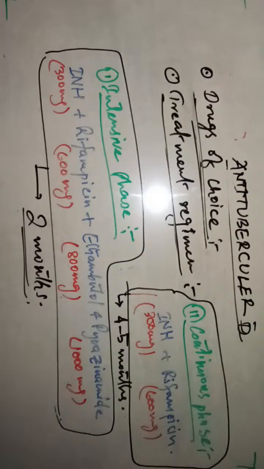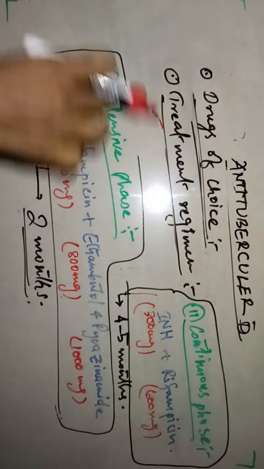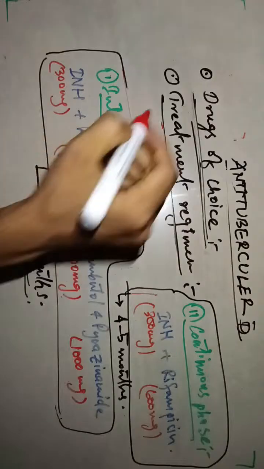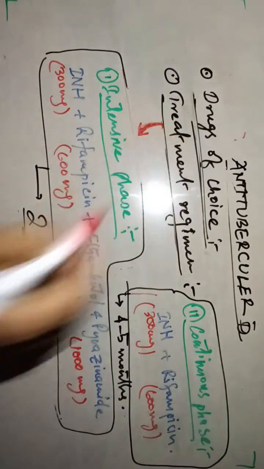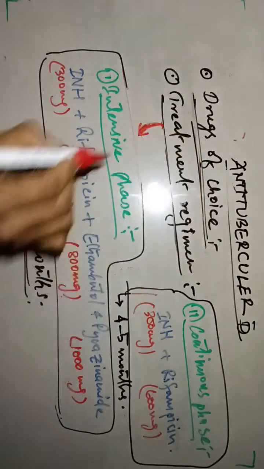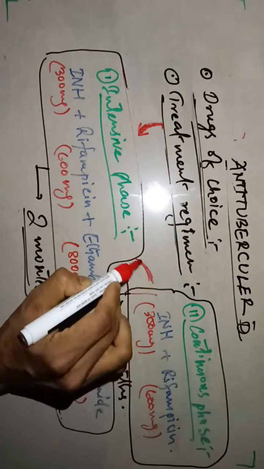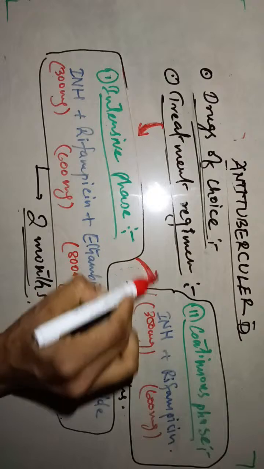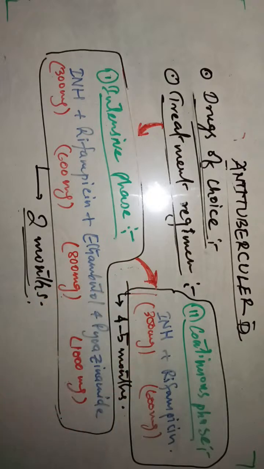So what is the treatment regimen? There are two treatment regimen. First one is the intensive phase, then second one is the continuous phase. The continuous phase is for 4 to 5 months and the intensive phase is for 2 months only.